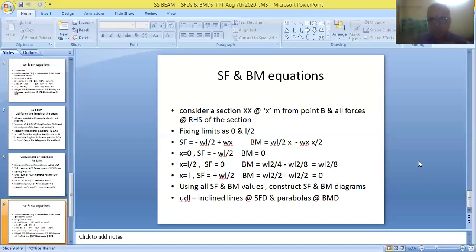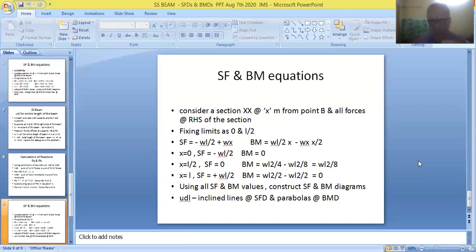And in addition to this, this UDL is acting for a distance of X meter, so it is written as WX. It is acting in downward direction, so we are allocating positive symbol. So friends, as a whole, SF is written as minus WL by 2 plus WX. Now coming to the bending moment, we have to multiply this force with the perpendicular distance, that will be equivalent to small x.